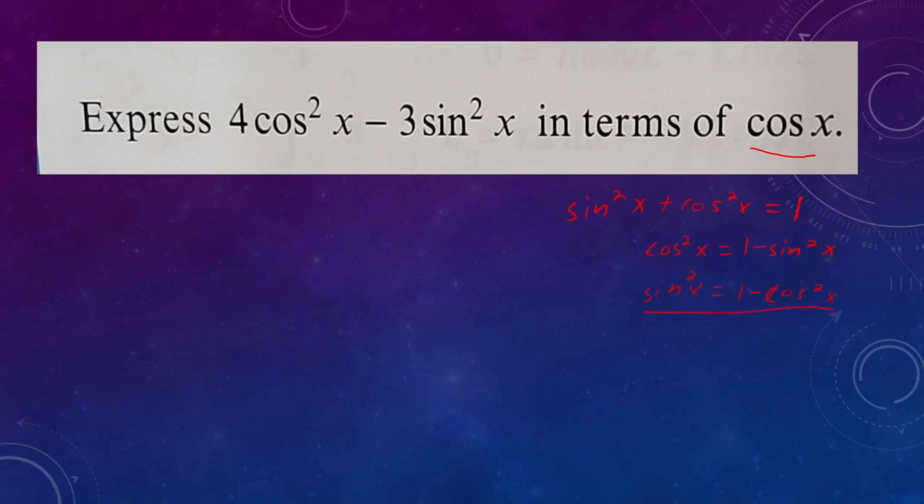Now we can input this into our question. 4 cos square x minus 3, and instead of sine square x we can write 1 minus cos square x. Now let's open it. So we have 4 cos square x minus 3 plus 3 cos square x. Now we have 7 cos square x minus 3. This is going to be our answer.